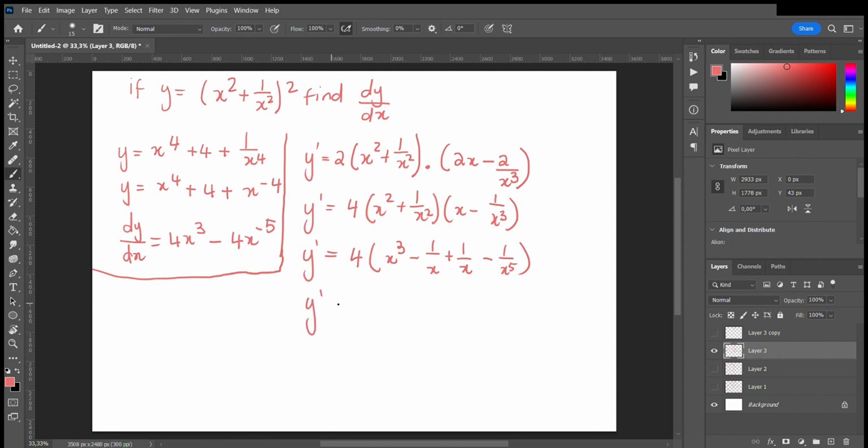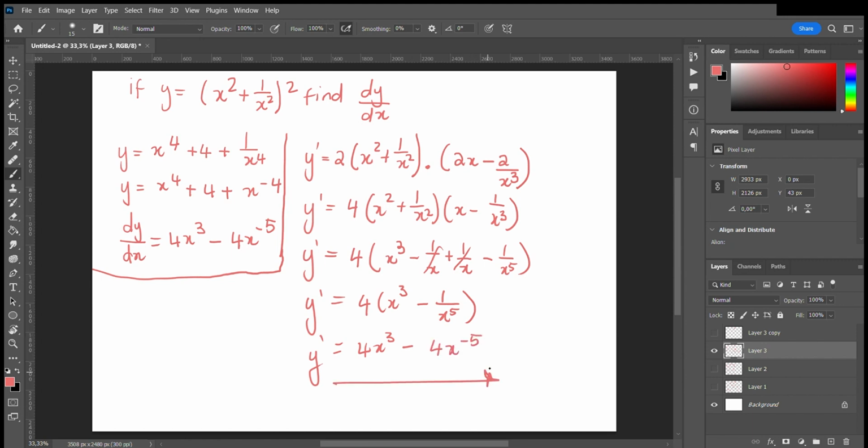And you have y prime will be 4x cubed minus 1 over x to the 5, which will be, because these ones cancel out each other, 4x cubed minus 4x to the minus 5.